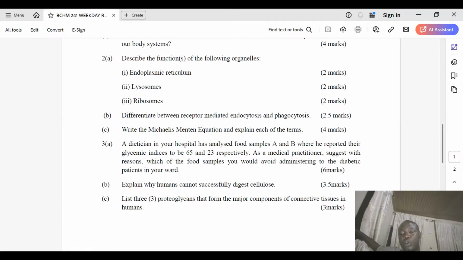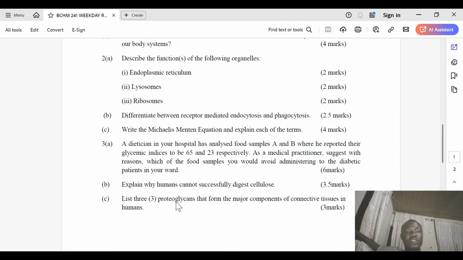Endocytosis is a movement of substances or molecules from the exterior to the interior of the cell, excellent. That is endocytosis. While phagocytosis is the engulfment of microorganisms by the cells, which get eliminated by the lysosomes of that particular cell. So that is actually the answer to that question.